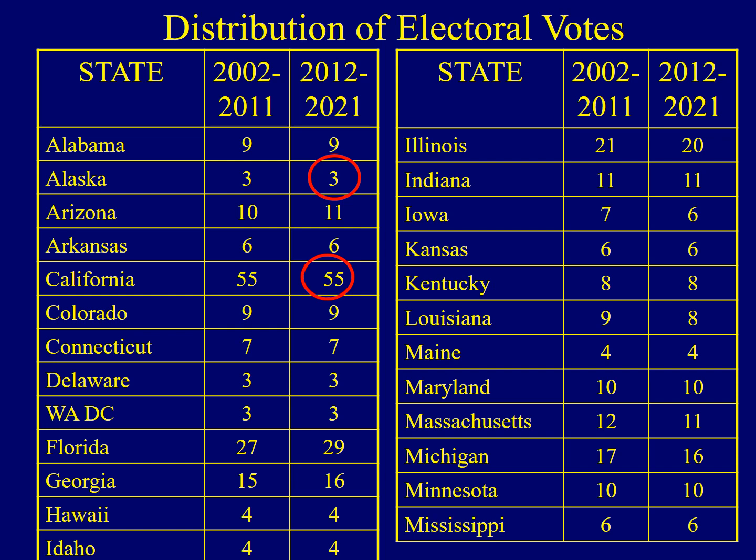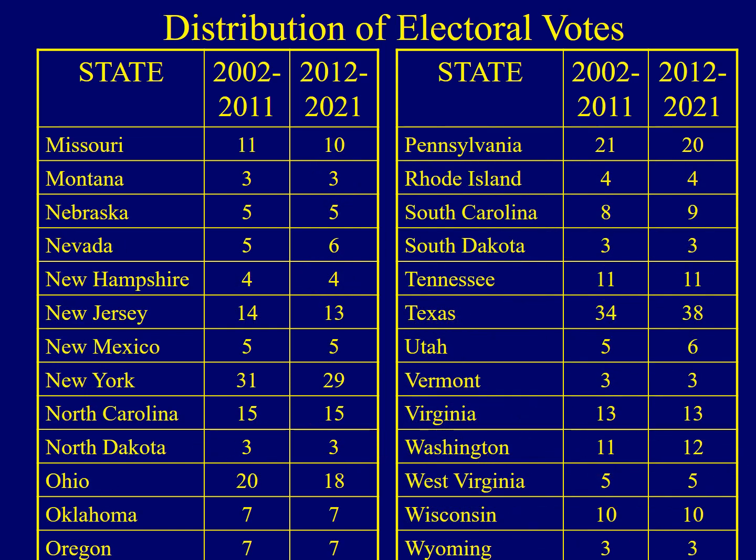Based upon the different census results from 2000 and 2010, Florida's number of electoral votes went from 27 to 29. Finally, we see Michigan. Michigan used to have 17 electoral votes, but people tended to leave Michigan, and so Michigan today only has 16 electoral votes.